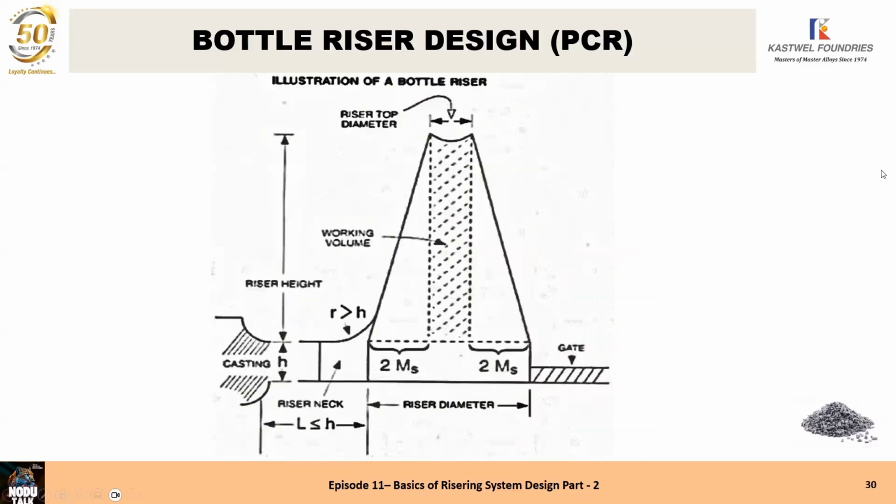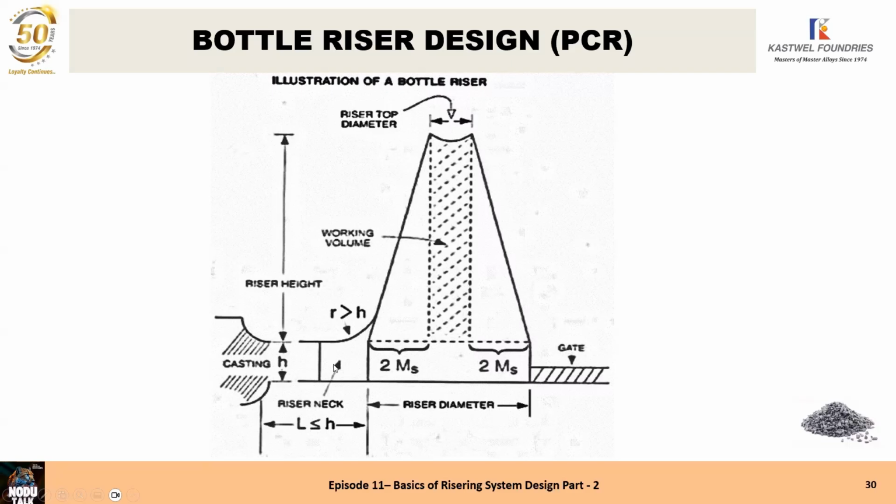So you see in this bottle riser, at the top, we have got the riser top diameter. Then we have the working volume, or the volume which feeds the liquid metal to the cast. Then we have got the riser gate on the right-hand side, which is thin and wide. Then we have got the riser diameter where the riser is connected to the casting. Next to the riser, we have the neck, riser neck.